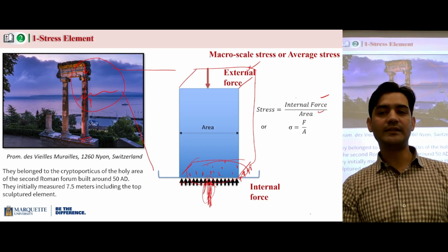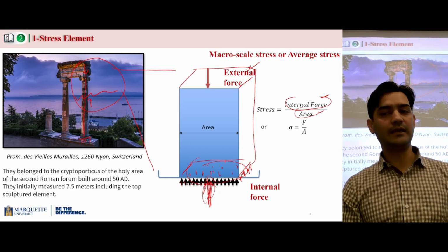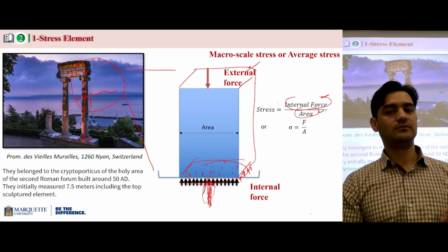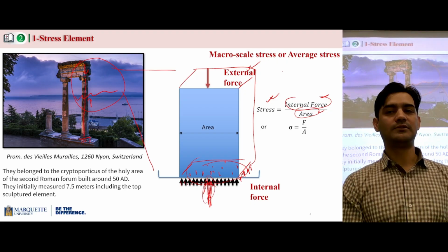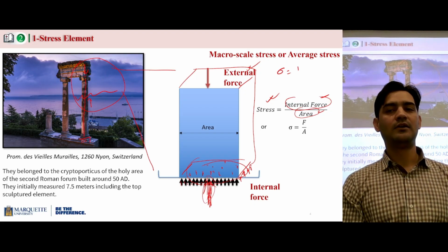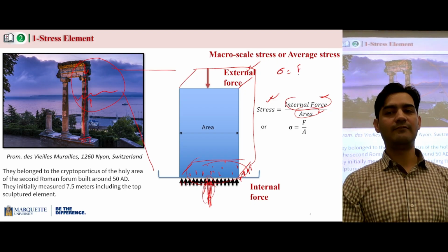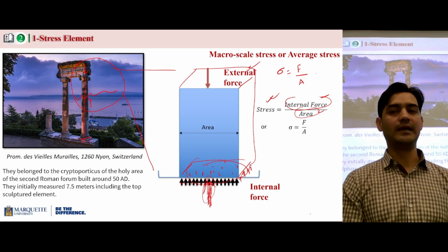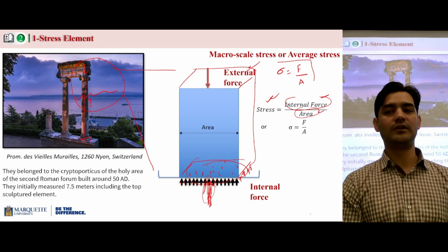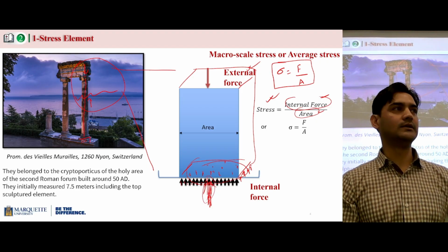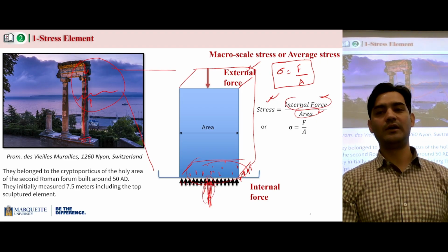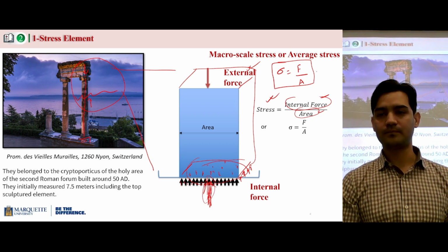If you divide this internal force by the entire area, the thing which comes out is called stress. So stress is basically the internal force divided by the cross-sectional area. So that's the formula for internal stress. It's super important, and we're going to use this formula in the calculations all the time.